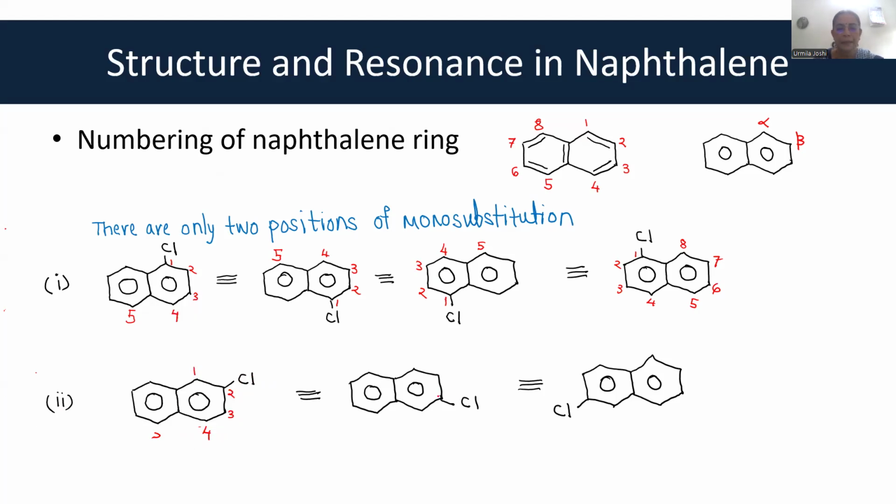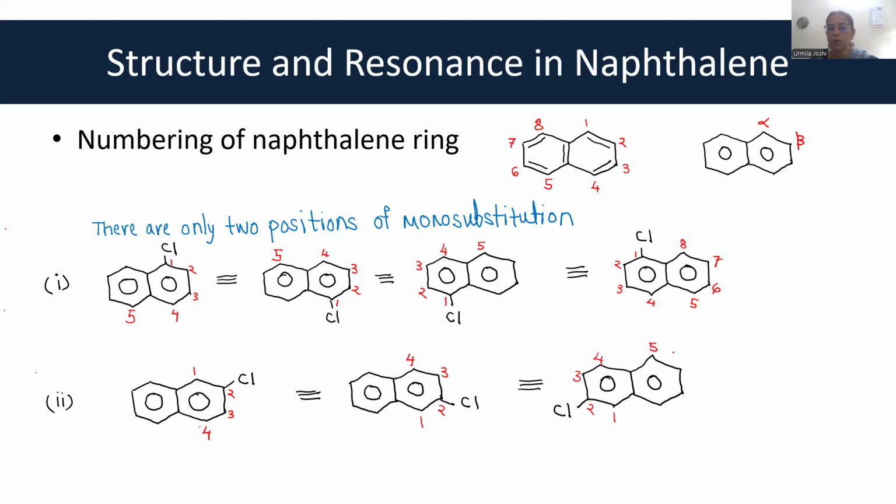Okay. Now instead, if you are given this structure, still the rule is the same. Complete the one ring before going to another ring numbering and give the lowest possible number to the substituent bearing carbon. And therefore, the numbering becomes this way. If you are given this structure, still it is 2-chloro-naphthalene because 1, 2, 3, 4, the first ring is complete.